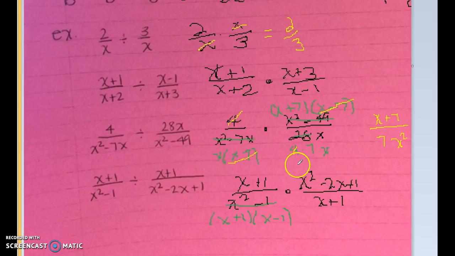And this one would factor to (x minus 1) times (x minus 1). It is a trinomial square. Now we can divide out our common factors. We can divide out either this x plus 1 or this one, it doesn't matter. And then we have an x minus 1 and an x minus 1. So our final answer would be (x minus 1) over (x plus 1) from this factor and this factor.